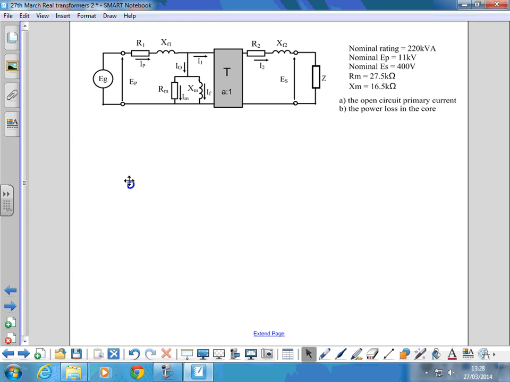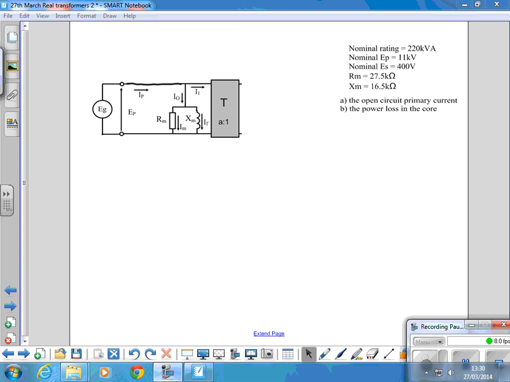So effectively, I'm going to cheat a bit. We've got a simplified model.